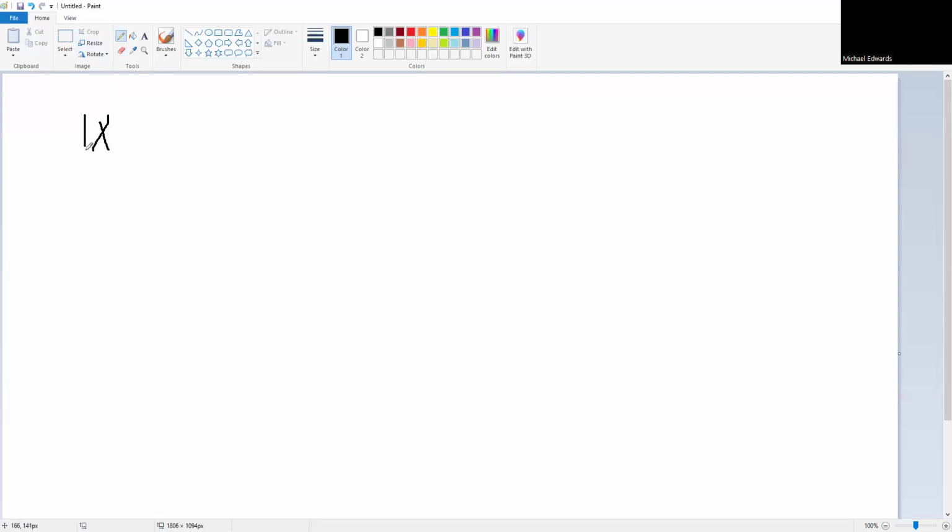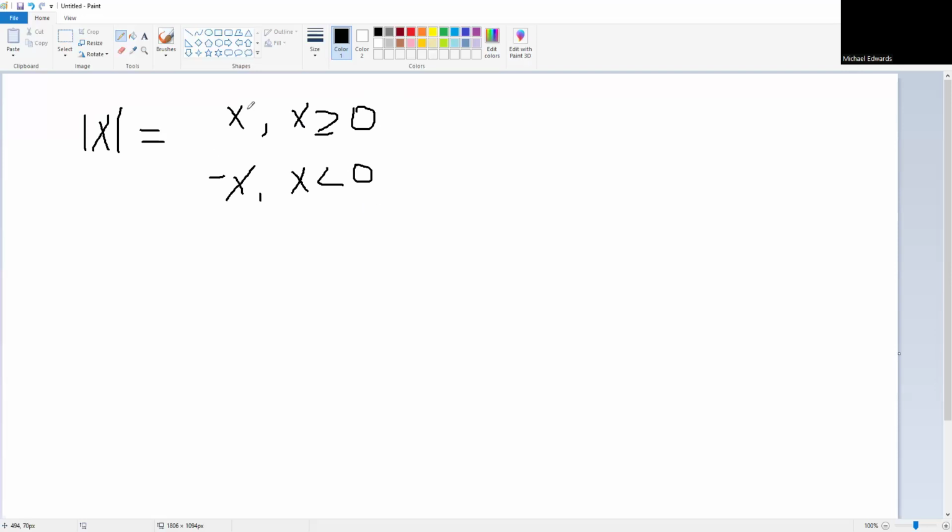So if I wrote something as absolute value, X with two bars next to it, that is the absolute value of X, which you could write as equals X if X is greater than or equal to 0, or negative X where X is less than 0.